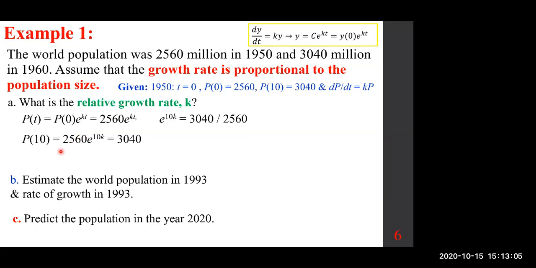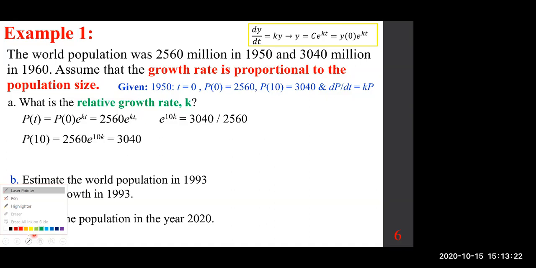Now, how do you get to the exponent? You undo the exponential, you take the natural log. If I take a natural log of the left side, it gives me 10k, and then the right side is the natural log of that.